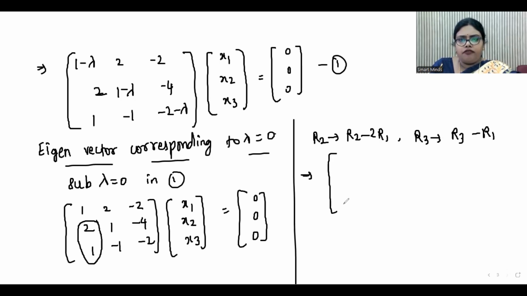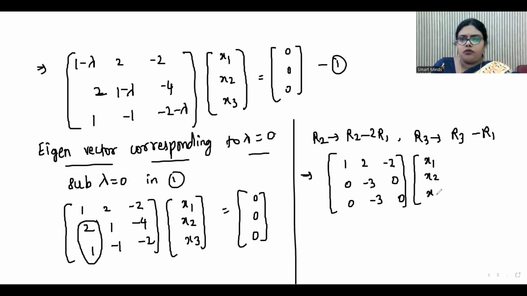So what do you get? First row is as it is. Second row is R2 minus 2R1, so 0, -3, 0. Then third row is R3 minus R1, so that is 0, -3, 0, into [x1, x2, x3] is equal to [0, 0, 0].